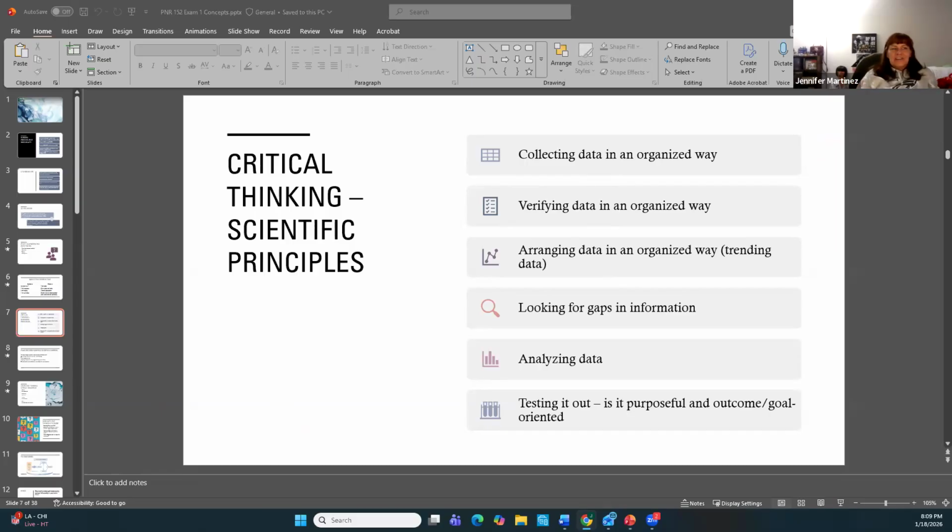In data collection, when you're doing your head to toe assessment, just try to keep it organized. Verifying that data as well is important. When we look at verifying data, we can look back at their hospital records, their other medical records.